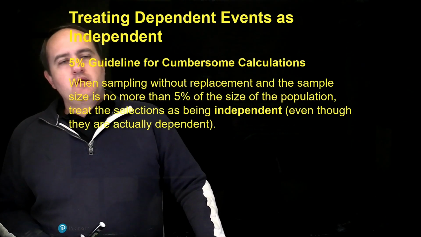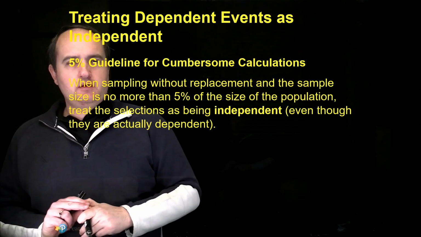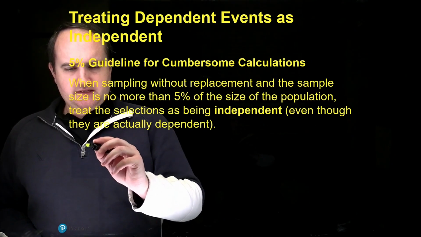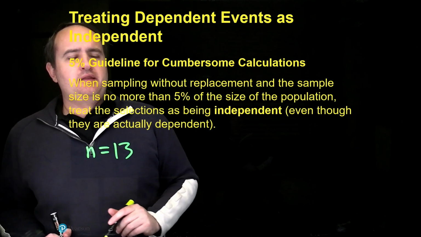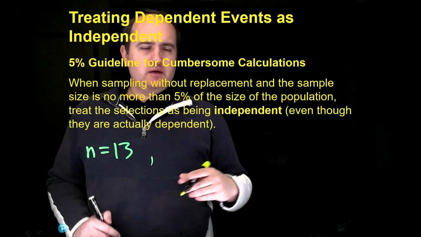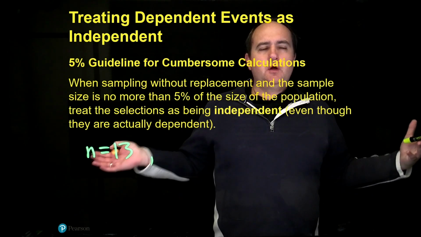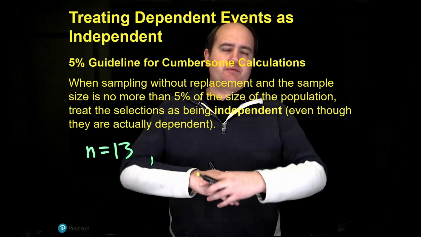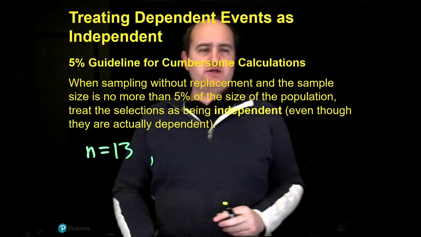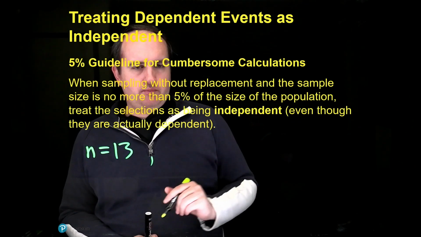if we look at, for example, if our sample size was only, let's say we had n equals 13, and then let's say that those 13 trials are actually taken out of a population that's much larger, then we would be able to use this rule.